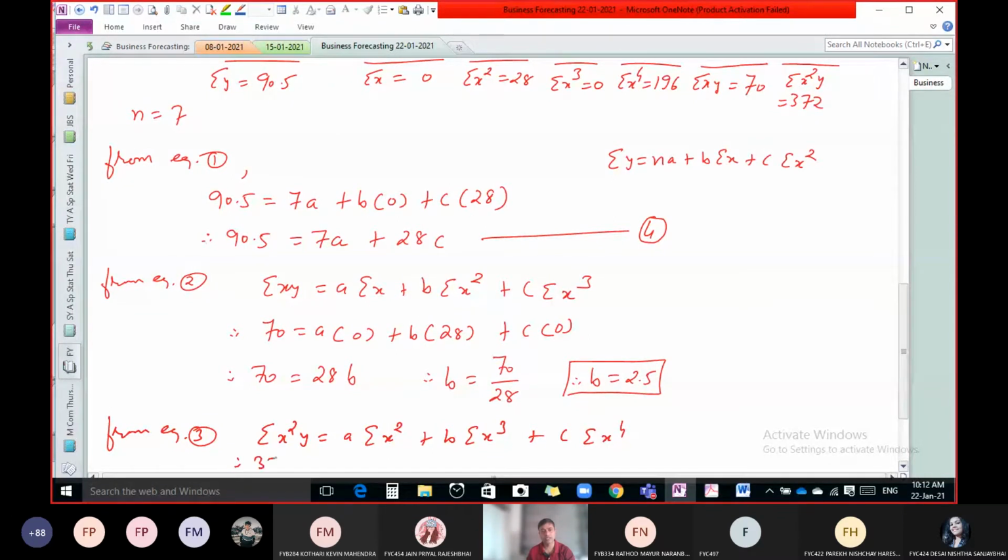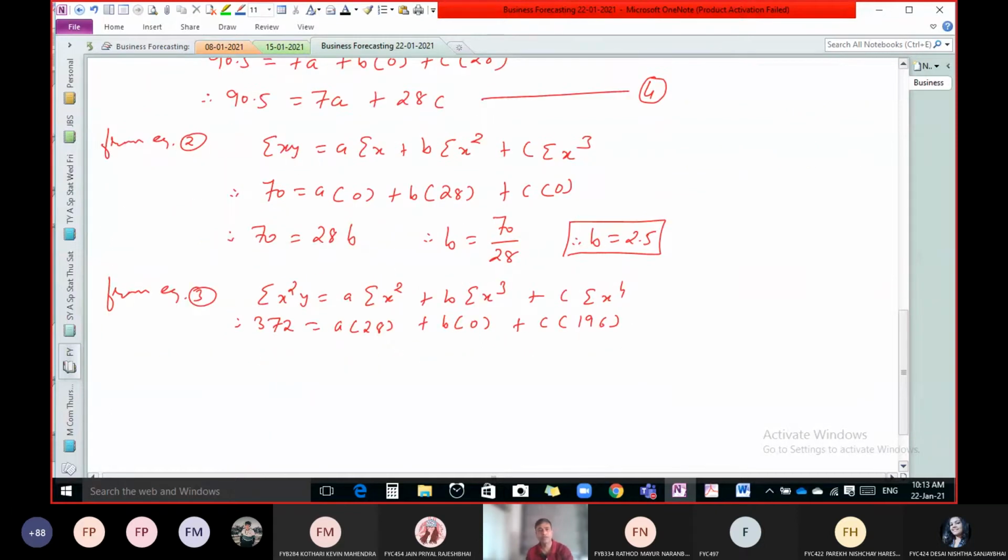So here we have to write 372 equal to a into sigma x square, that is 28, plus b into sigma x cube, which is 0, plus c into sigma x raised to 4, which is 196. So here we get another equation: 372 equal to 28a plus 0 into b is 0 and 196c. Let us say this is our equation 5.